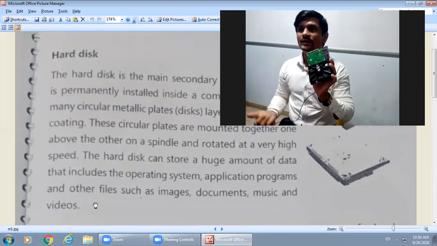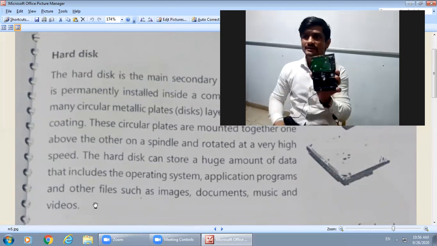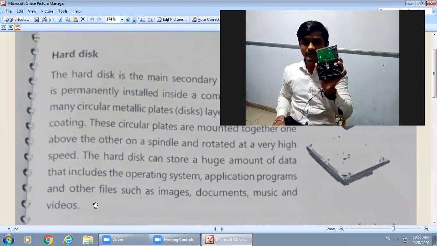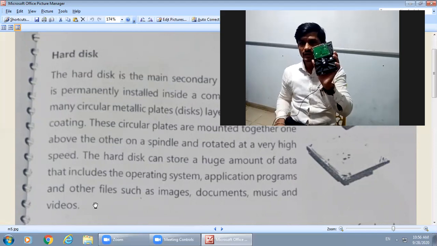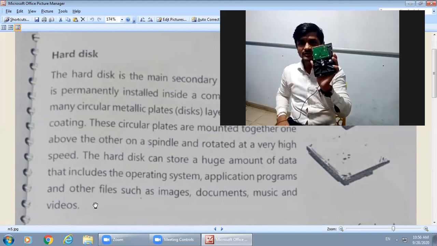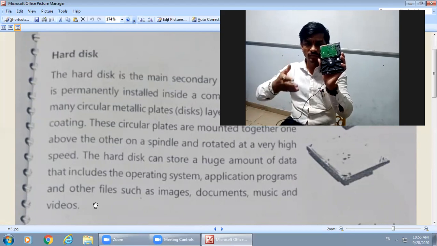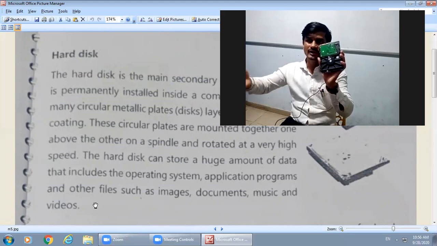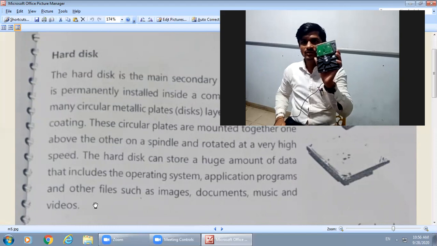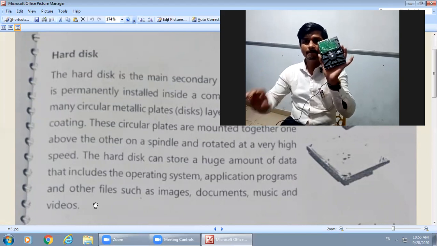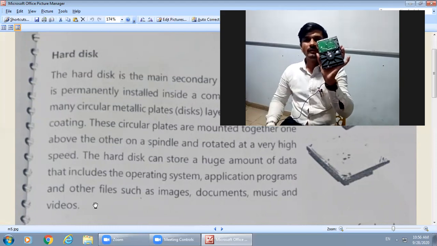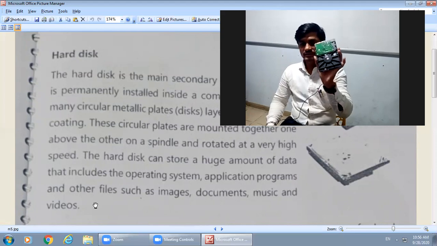All the data will be stored in that hard disk, like our C drive, D drive, E drive, G drive. Especially the C drive is used to store applications like OpenOffice, MS Office, your games. All these applications are stored or installed in our hard disk.